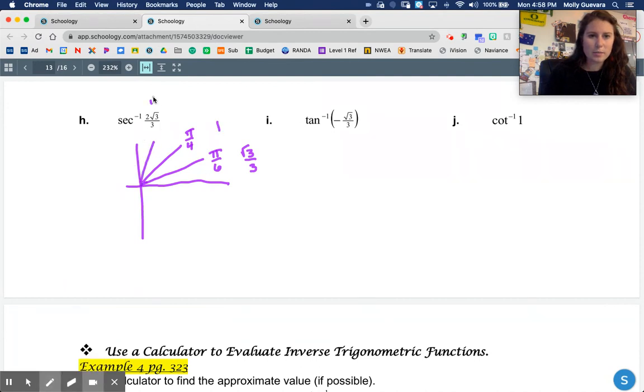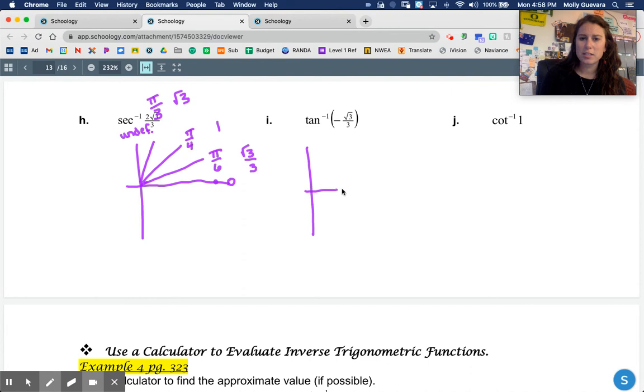At pi over 3, the tangent is root 3. At pi over 2, it's undefined. And at 0, it's 0. So knowing these tangents, and maybe you had to calculate them by dividing your y over x or whatever, that's kind of how we figure out the tangents here, when it's something other than just 1.